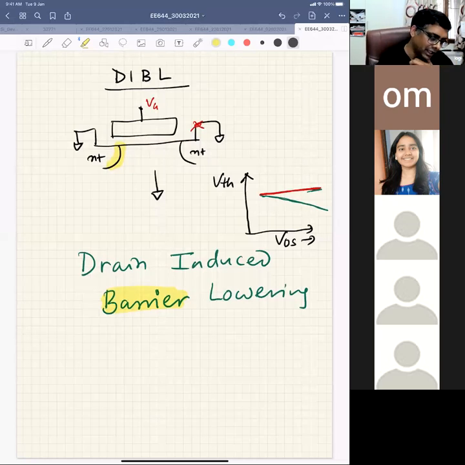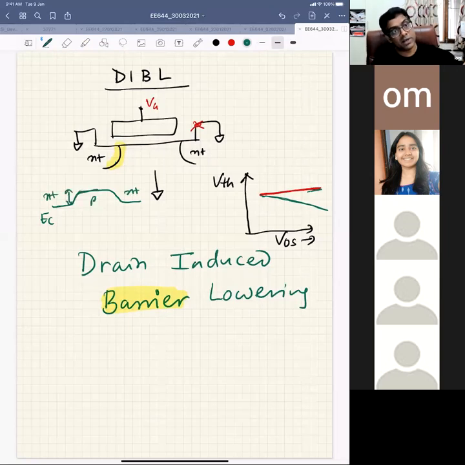So if this is the conduction band, this is n plus, p and n plus, and I am talking about this barrier, which is responsible for electron injection in a MOS transistor. I am controlling this barrier by increasing the gate voltage, and how well the gate controls this barrier is your gate control.